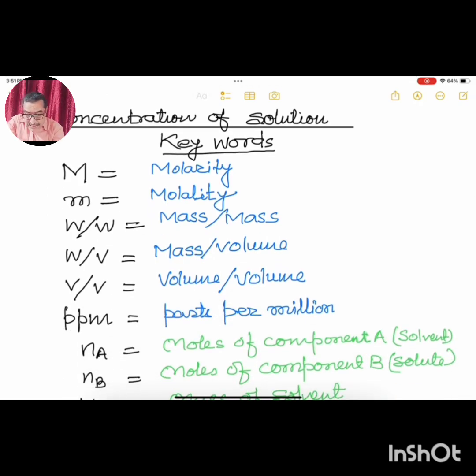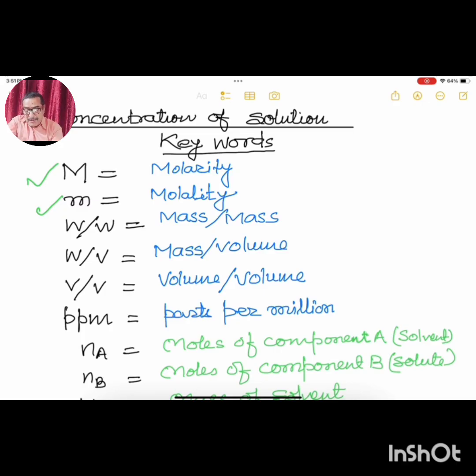But before starting this topic, it's my humble request to everyone to just see what keywords are used, and you use all these in the whole chapter. For example, molarity is expressed by capital letter M, molality by small letter m.